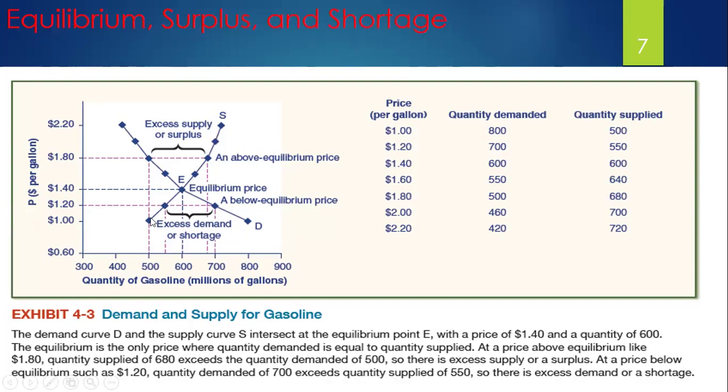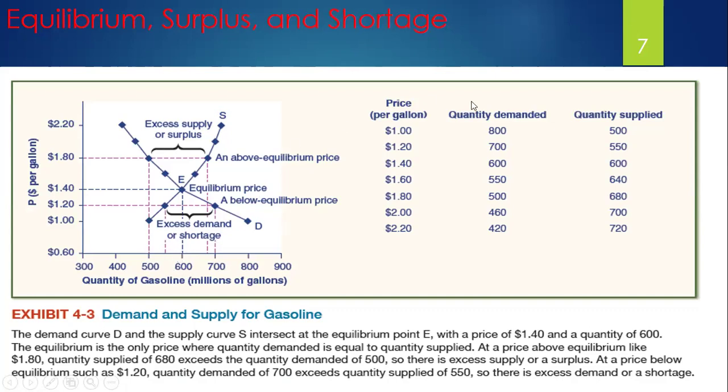When the two curves intersect or cross, whatever you want to call it, they meet at that point. The point E is the equilibrium price. So the price that I'm looking at here is $1.40. At $1.40, quantity supplied and quantity demanded are equal. And that quantity is 600 units.